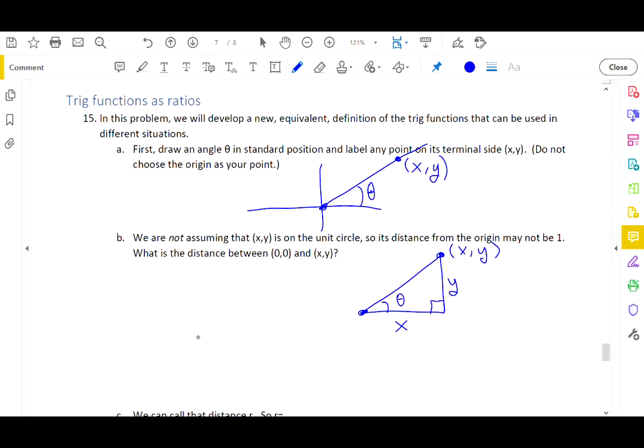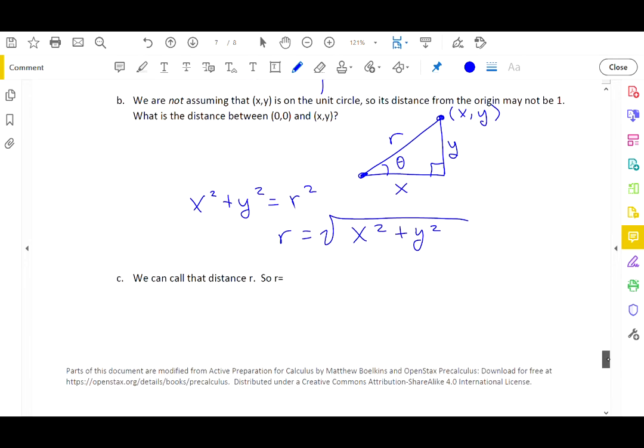So we have x squared plus y squared equals, I'm going to call that r squared. So we want to find r. r is positive, so we get r equals the square root of x squared plus y squared. And then here it says we call that distance r, so r equals the square root of x squared plus y squared. That's the distance from the point to the origin.